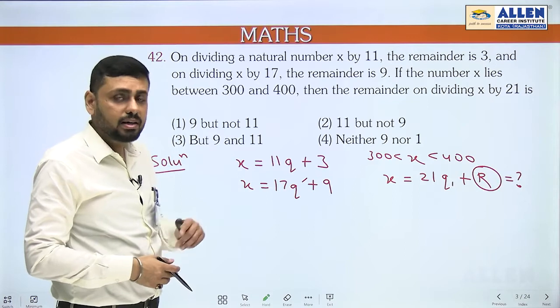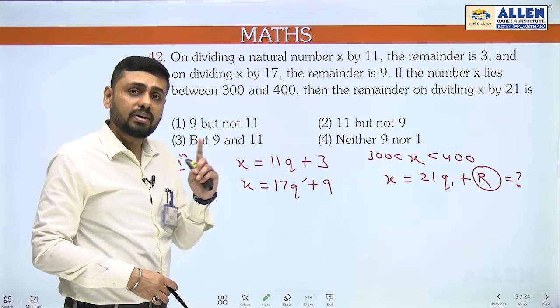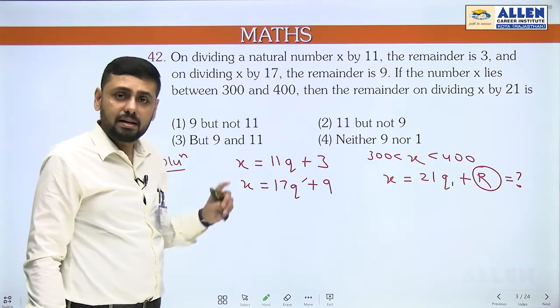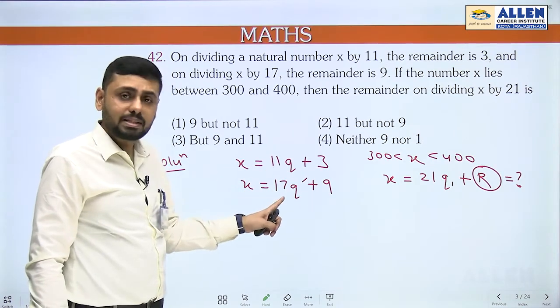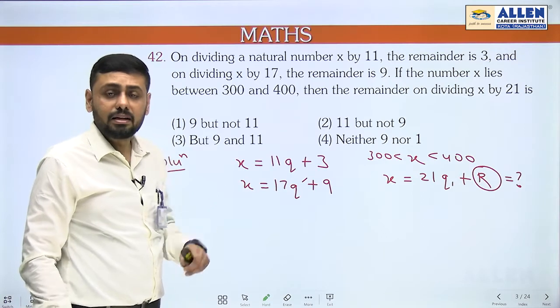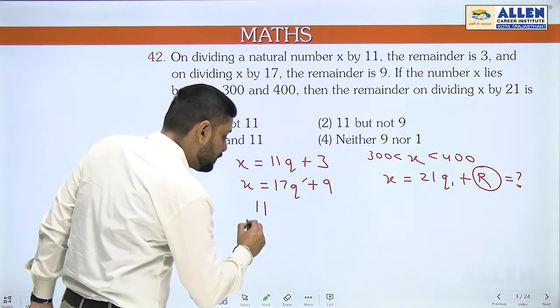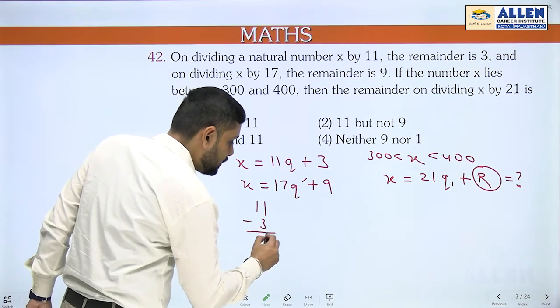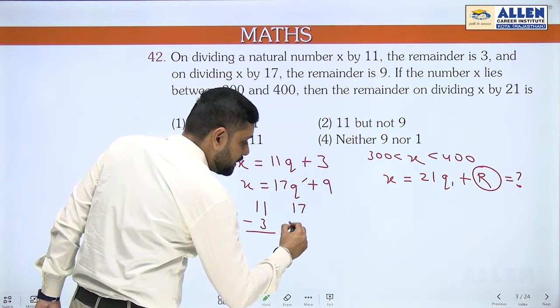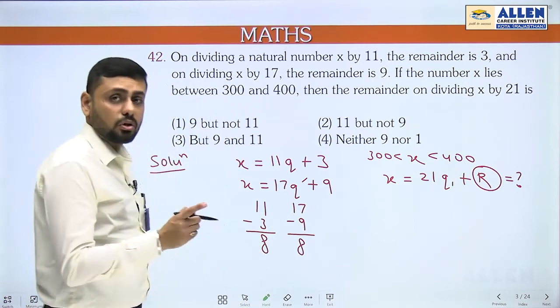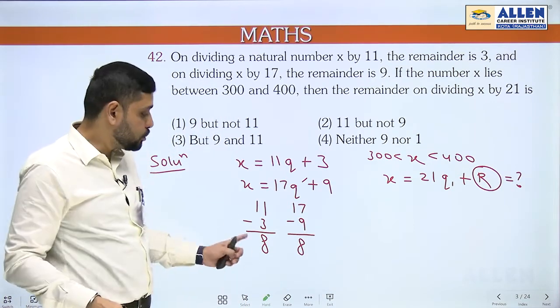Now, how we can do it is, there is a concept in HCF and LCM. If we are dividing a certain number by 11 and getting remainder 3, and dividing it by 17 and getting remainder 9, then the difference of divisor and remainder should be the same.